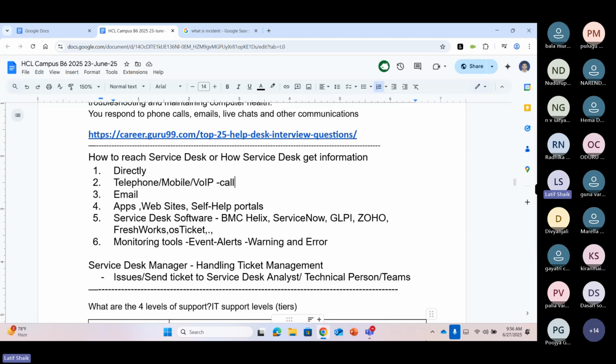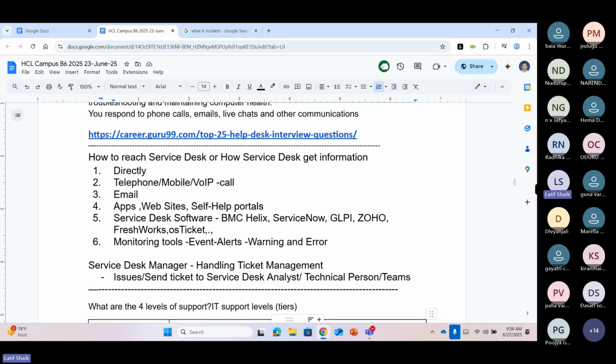When a ticket comes, the service desk software can automatically decide who is going to handle it. Or the service desk manager will see the tickets and assign them to a specific team or a specific service desk analyst or agent.